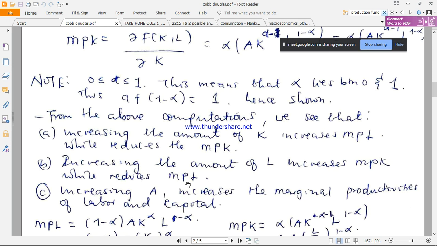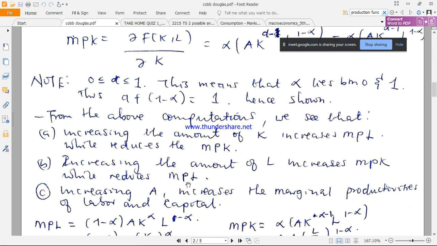If you increase labor from 10 to 11, in simple terms, you are saying the factory needs more workers. So the marginal product of the factory is going to increase, because now it's going to be used to the fullest.